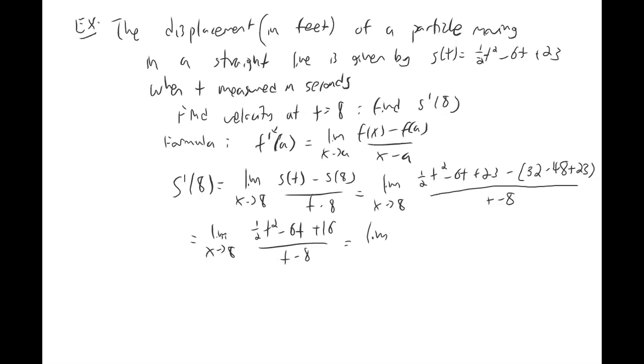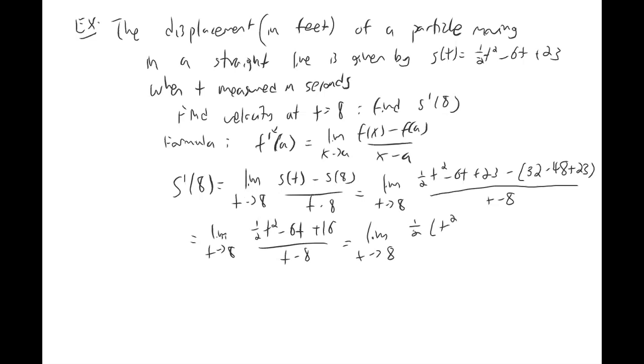If you plugged in 8, you would get 0, so there's a simplification. Sorry, there should be t's, my variable is t. So the limit as t goes to 8. Let's factor out the 1/2, because I never liked fractions on the leading coefficient.